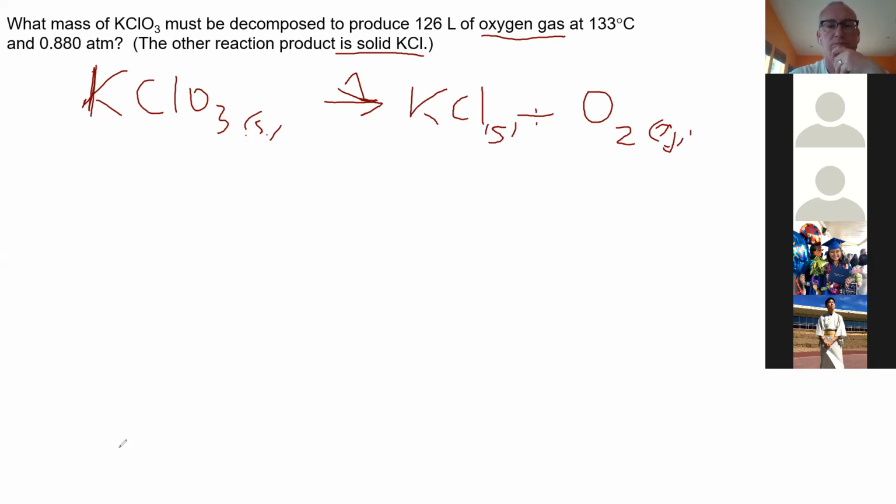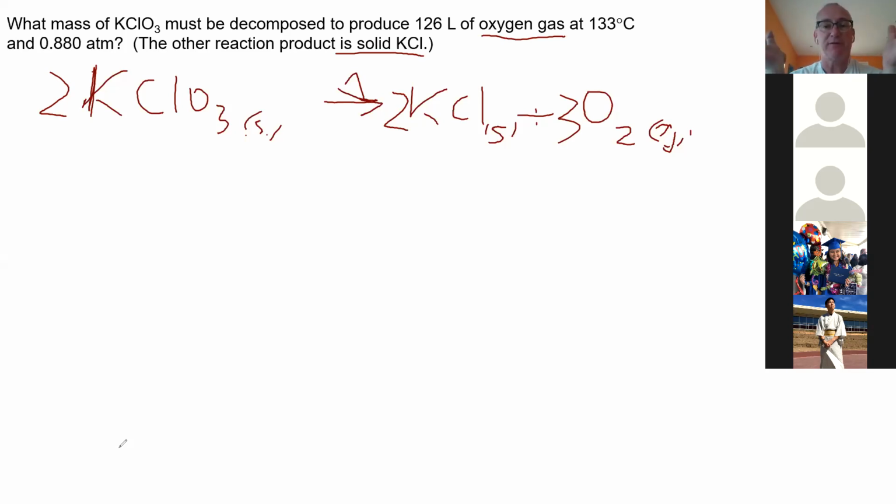You multiply KClO3 by 2, then KCl by 2, and then O2 by 3. Yeah, that looks like it works. Okay, so that is our balanced equation.